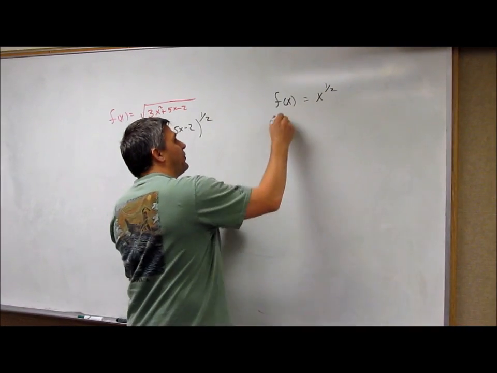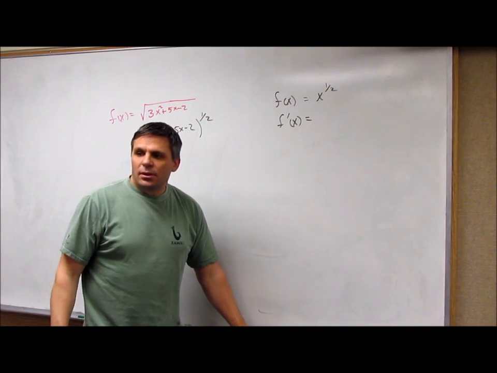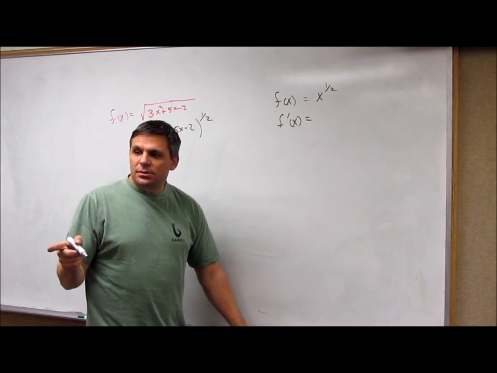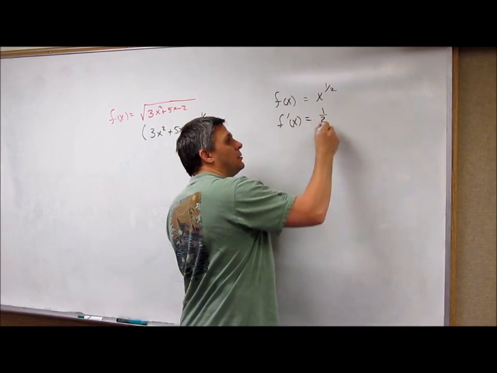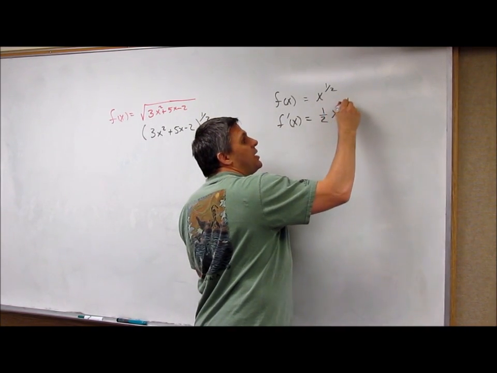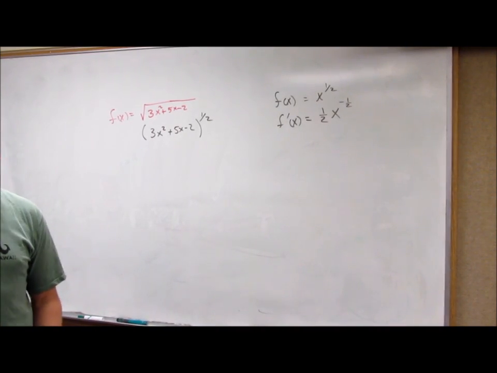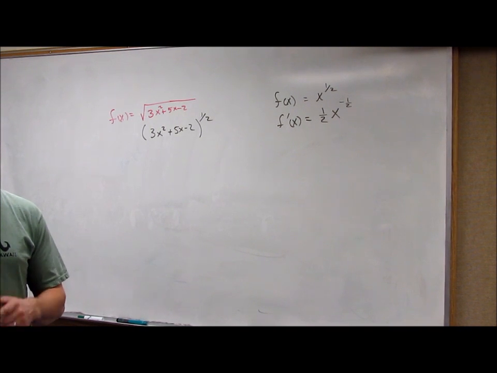And f prime of x to the 1/2 would be what? 1/2 times x to the negative 1/2. Why is it negative 1/2? What's 1/2 minus 1? Negative 1/2.